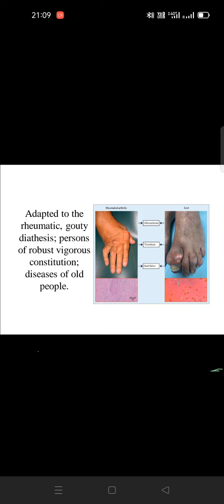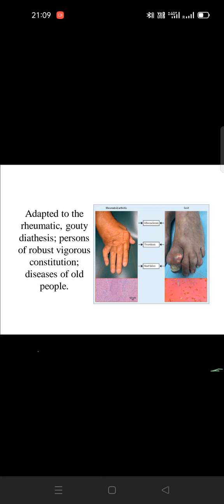Diathesis means a condition where the same complaint or same disease occurs again and again. Like if the person is suffering from a renal stone, the renal stone was removed by medicine, but again the kidney has a tendency to form a renal stone.